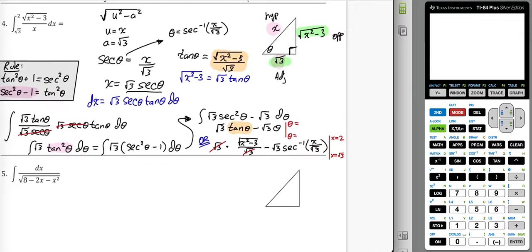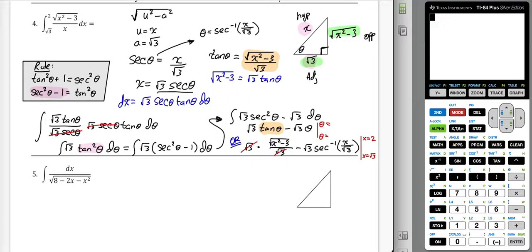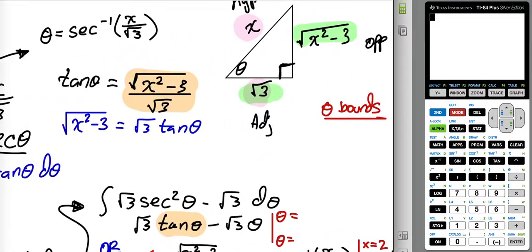Now, if I wanted to, and I do, I can figure out what the theta bounds would be. So let's get our theta bounds. I'm going to go back to my triangle here and come up with a really nice ratio out of this. Because I could get the secant ratio x over rad 3, but I could also get something a little bit more convenient for unit circle trig, and that would be cosine of theta is equal to radical 3 over x.